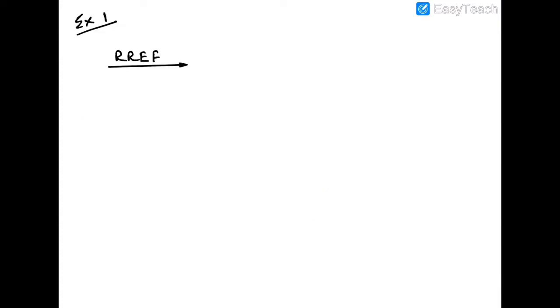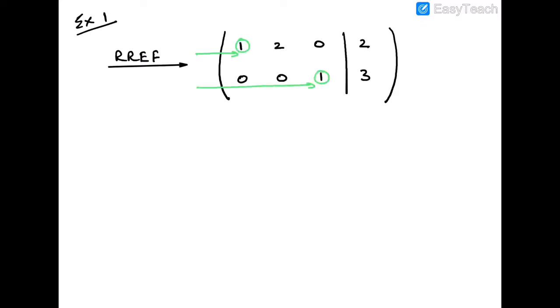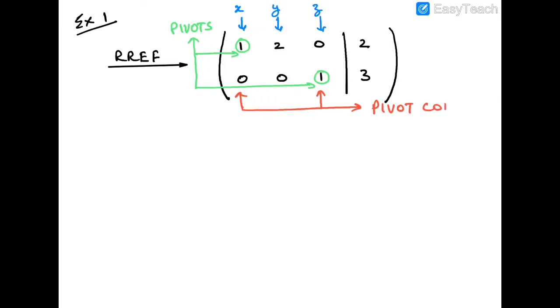Now let's understand this with an example where the RREF of a matrix is 1 2 0 2, 0 0 1 3. So the leading entries for row 1 and row 2 are 1, and these are the pivots, and x, y and z correspond to column 1, column 2, column 3 respectively, and these two columns are the pivot columns.